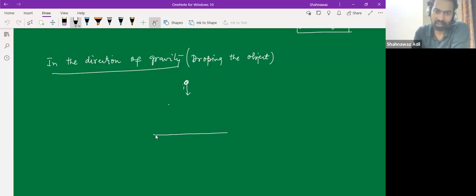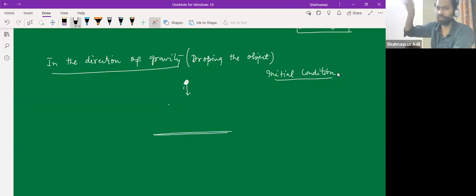So when you drop this object, what are the initial conditions? Is u equal to 0 in this case? Yes, you are just placing this object and then letting it down, so u is 0. Let's say the time it takes to strike the ground is t, and it reaches here with the maximum speed at which it strikes the ground.